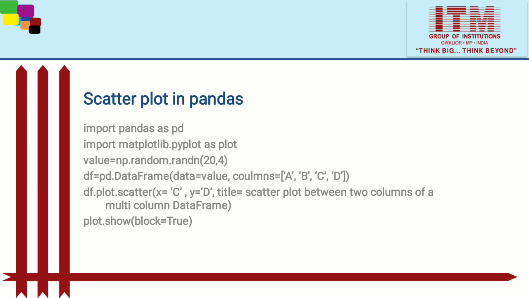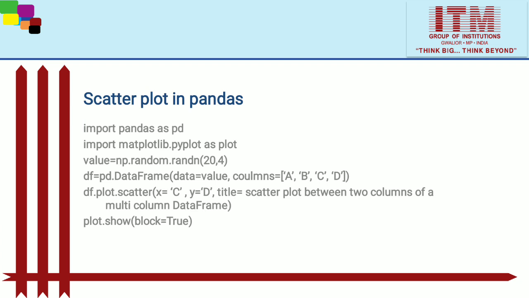These are the things by which we will get numerical values, but these values should be in a random way. Now we have df equal to pd.DataFrame, and in the DataFrame we have data equal to value, as we know that the data is available in the form of values.